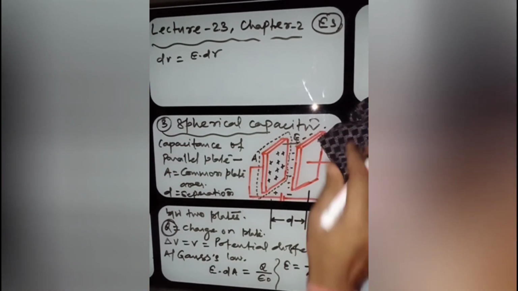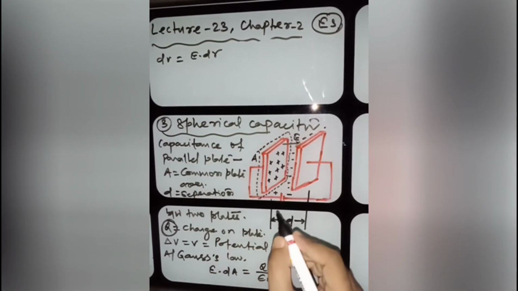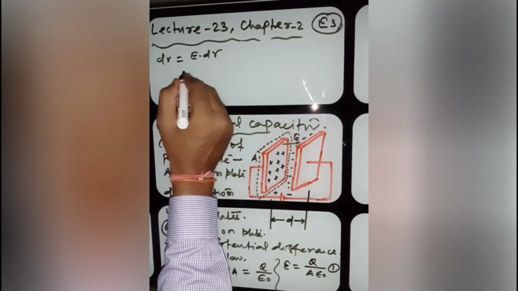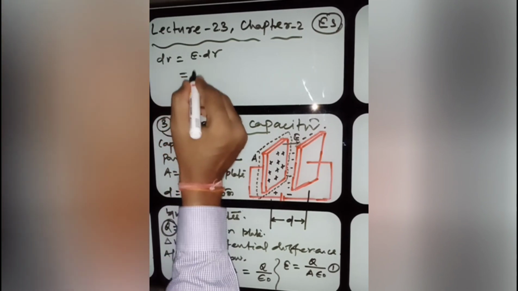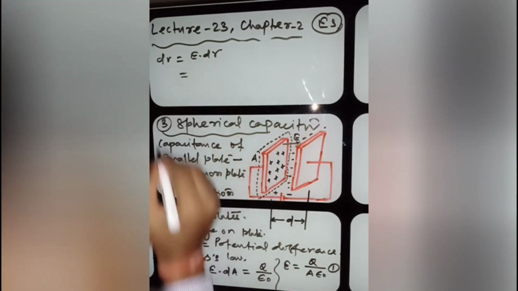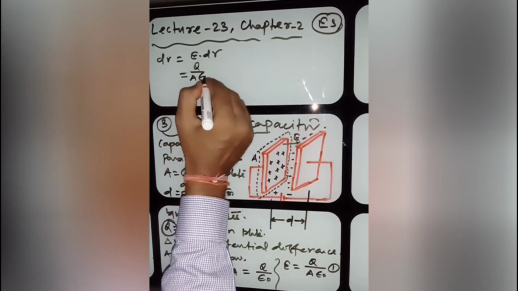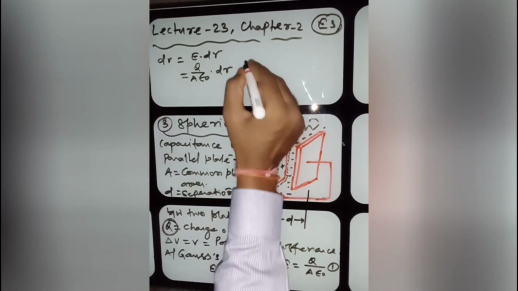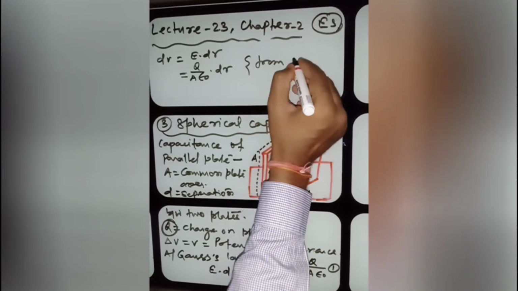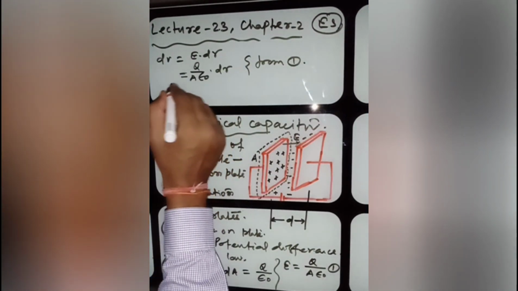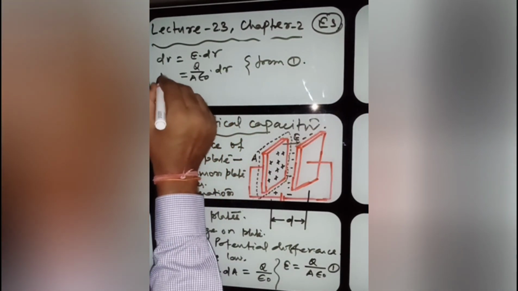So we have to find the potential here, with the electric field from equation 1. We can write Q by A epsilon naught dr from equation 1, and dV.